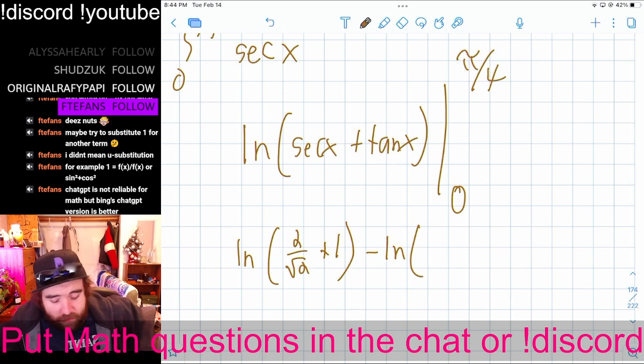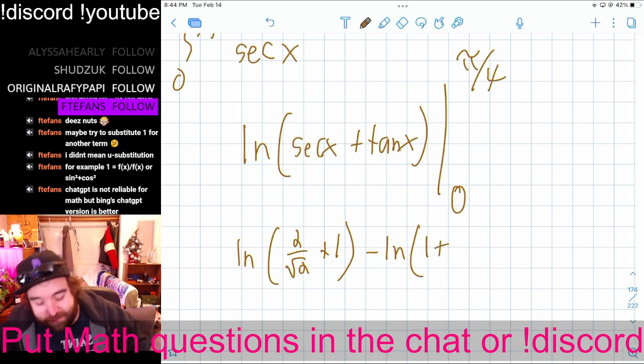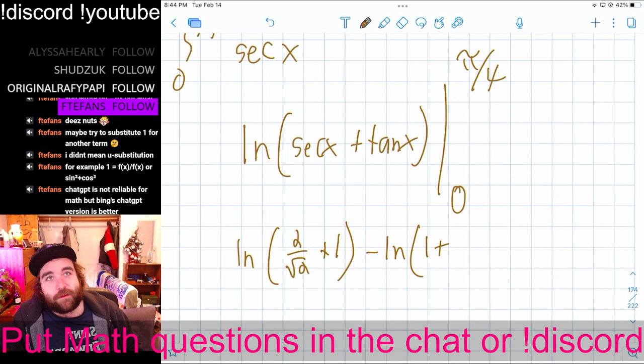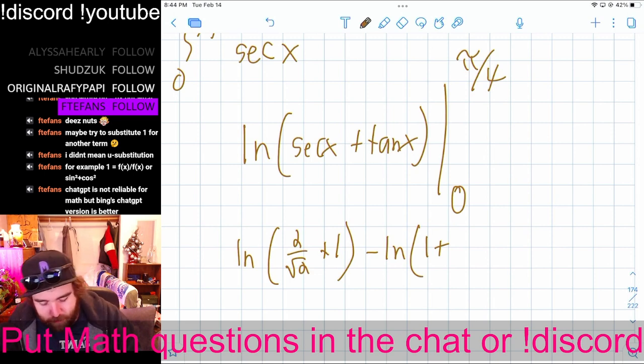That's undefined. What's the tangent of 0? Wait, 1 over the cosine of 0 is not undefined. Cosine of 0 is 1. You bot. Cosine of 0 is 1, so it's 1 over 1. So it's 1. Plus the tangent of 0, which is 0. 1 plus 0. So minus the ln of 1, which is 0.